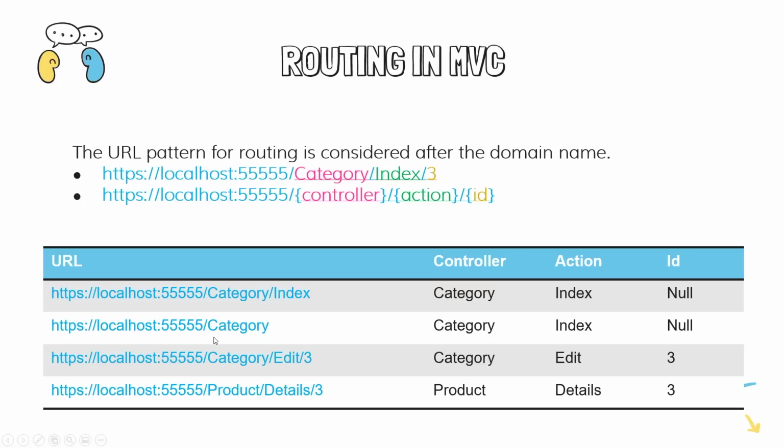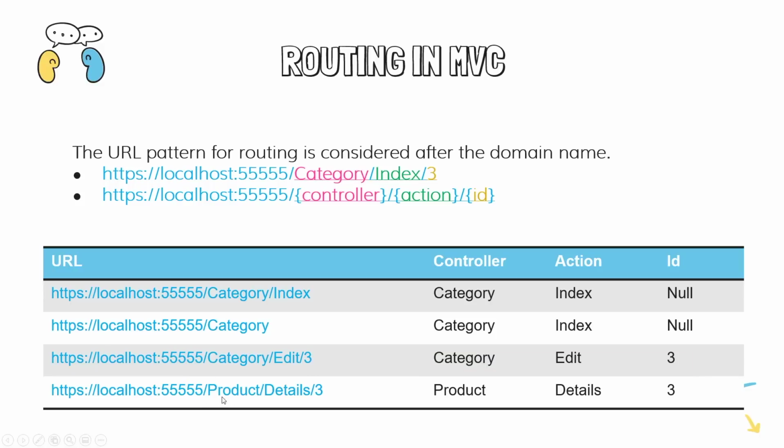For the next one, we have controller name as category, we do not have any action. So index will be the default action, and finally ID is null. For the third one, we have controller as category, action as edit, and ID as 3.